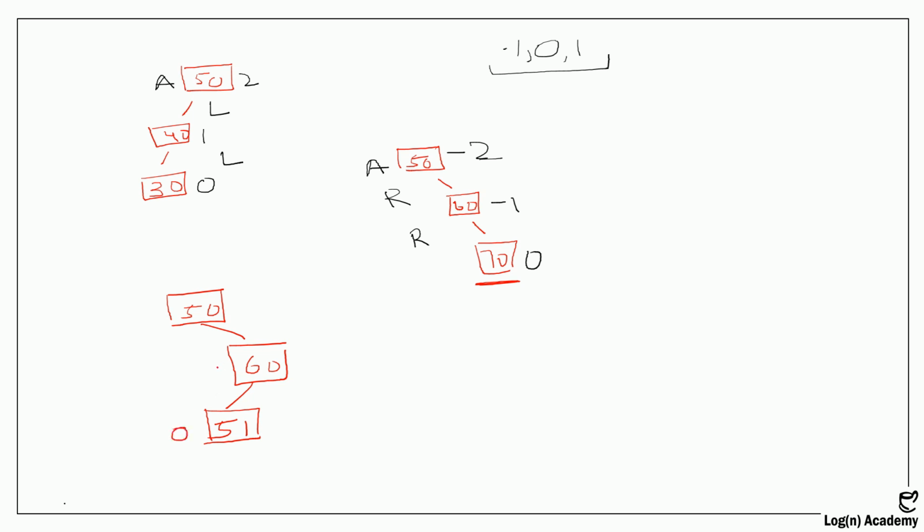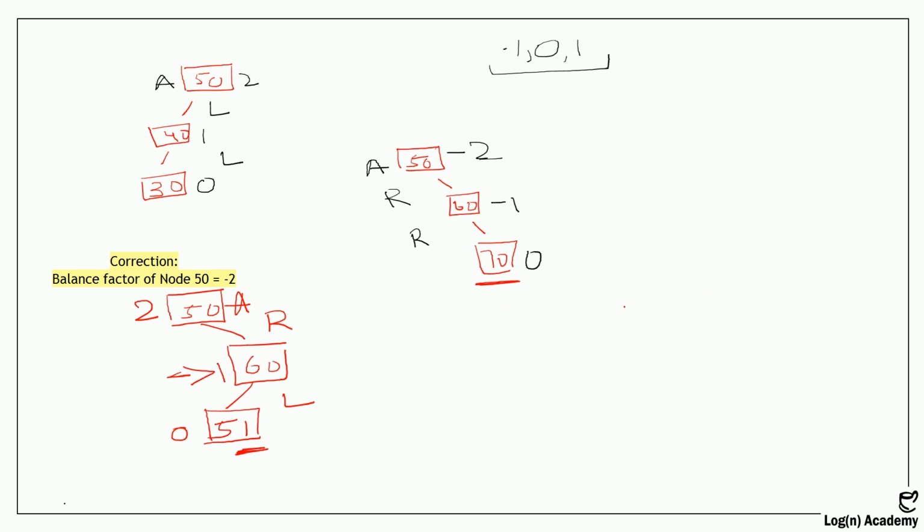Here the balance factor is 1, and here the balance factor is 2, because we take the height into consideration, and this will be the A node. The node we inserted is on the left side of the right subtree, and 60 is actually the right subtree.